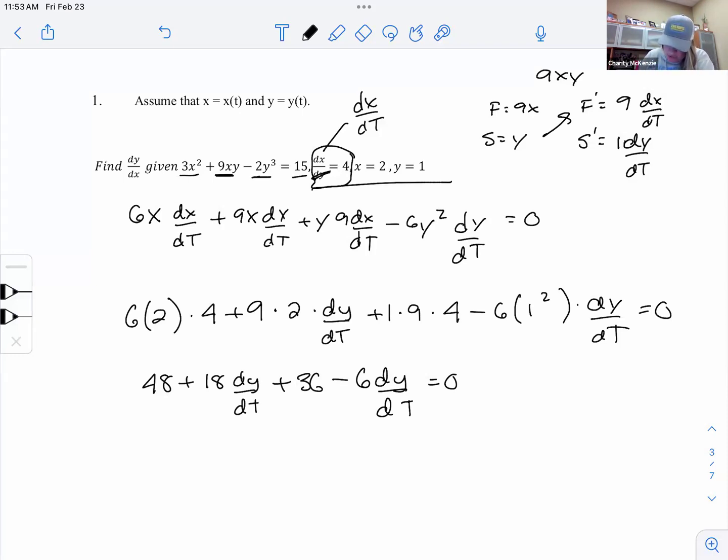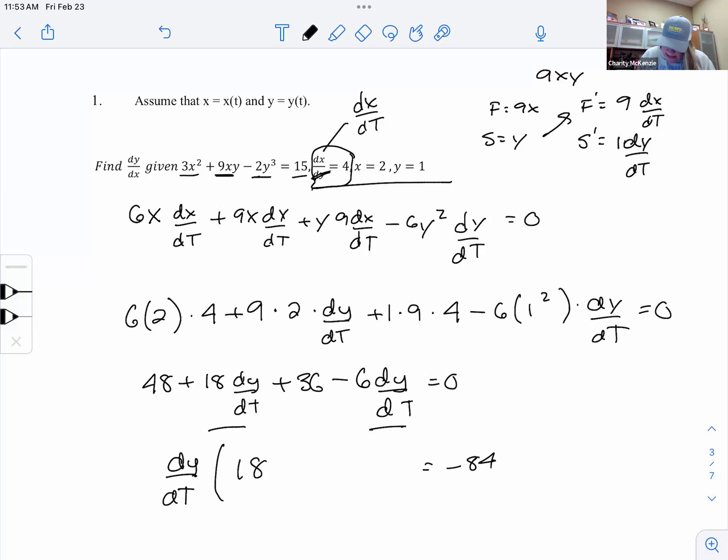So I have 2 terms with the dy dt. So I'm going to subtract the 48 over, subtract the 36 over. So those are both positive. So what is 48 plus 36? That's 84. So it's going to be negative 84 on the other side. And then I want to take the dy dt out of the other 2 terms.